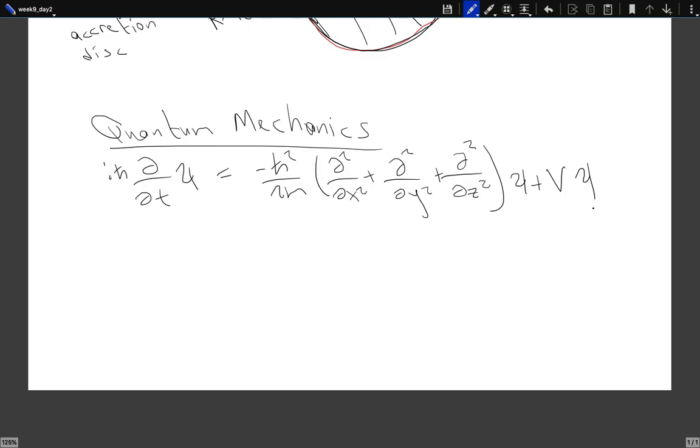And now we said, okay, what if we are looking for the possible energy values? So we looked for a solution that has a definite energy. And then the wave function with a definite energy should satisfy this equation.